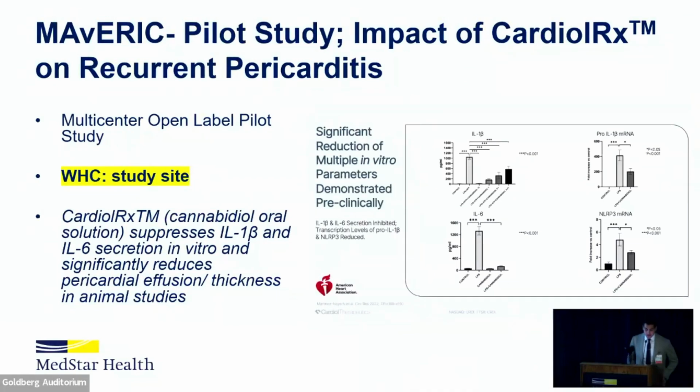And I'm happy to share all the work that we're doing at MedStar Washington Hospital Center. We finished enrolling our last patient for the Maverick trial. This was an open-label pilot study looking at an oral treatment for recurrent pericarditis referred to as CardiolRx, a cannabidiol oral solution, which also inhibits your inflammasome pathway similar to colchicine, and it inhibits your interleukin-1 beta, interleukin-6 secretion.